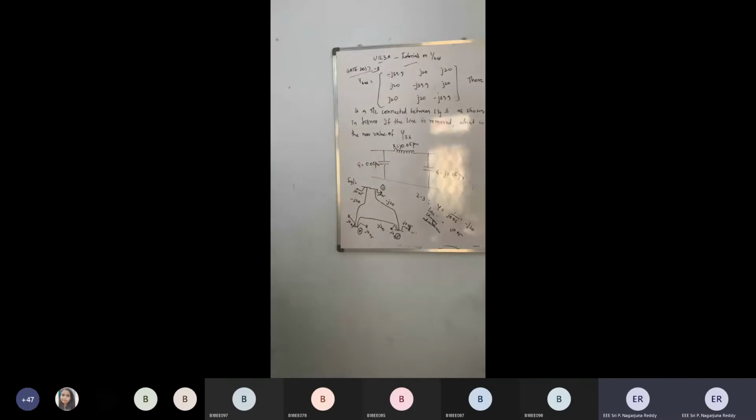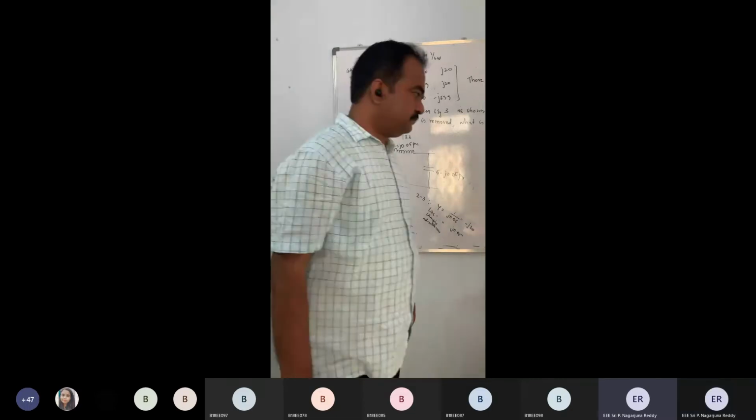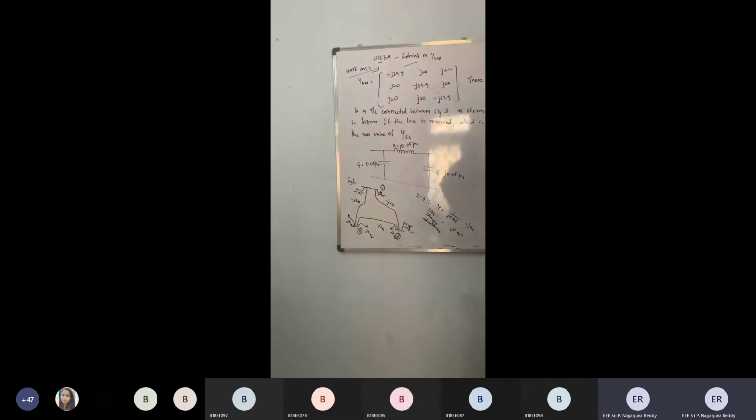Now you check the figure. Is it satisfied now? Is the Y bus correctly fitted for this diagram? Is it okay now?